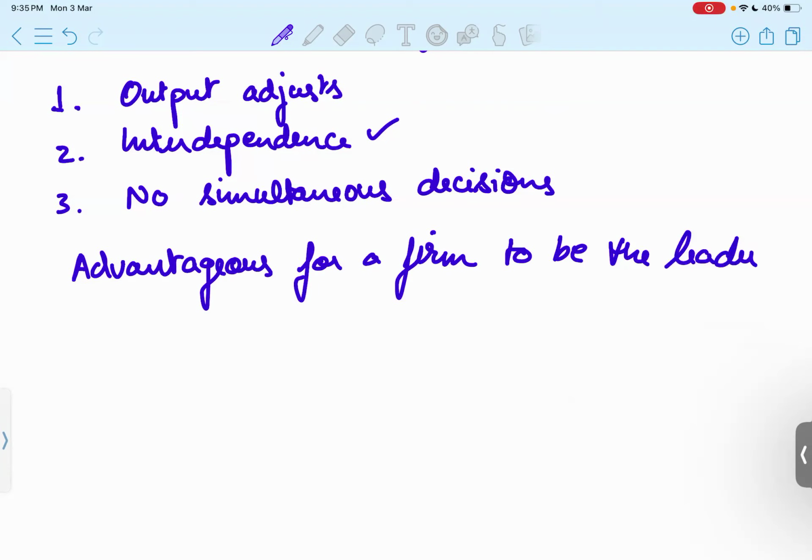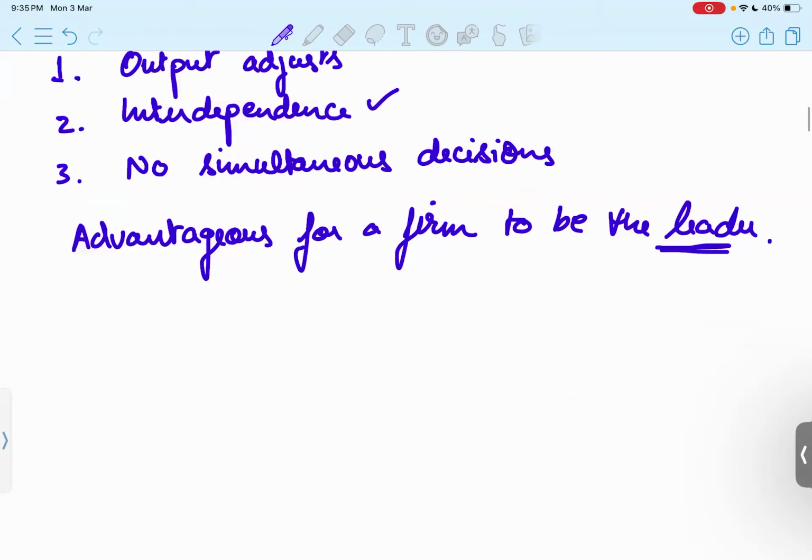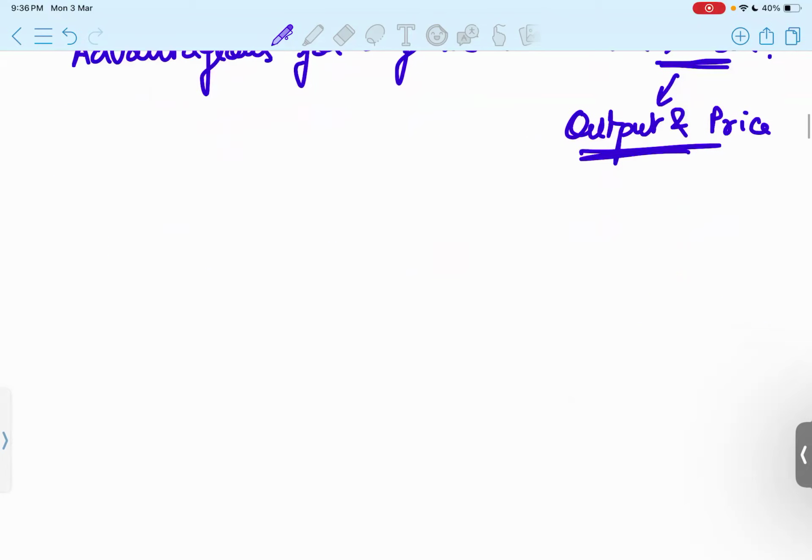Now, by leader we mean the first entrant or first player in the market, that firm is known as the leader. So it will have the advantage of deciding the output and the price. So it will lead to, in a way, maximization of its profit, and the other firm would be known as the follower. So this is, in a way, the learning or outcome of this model.